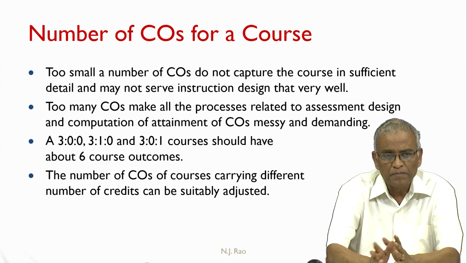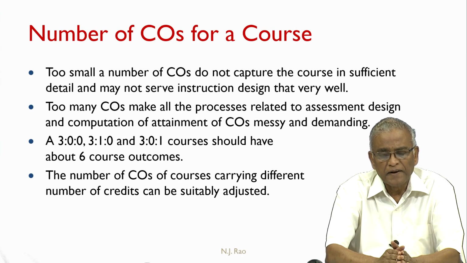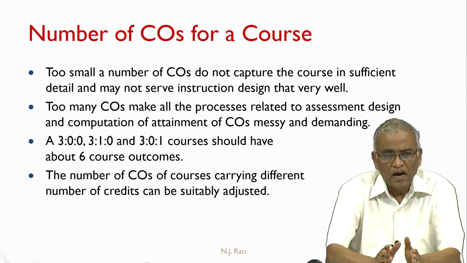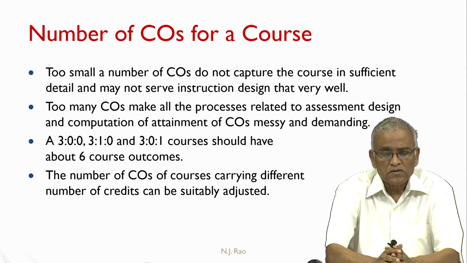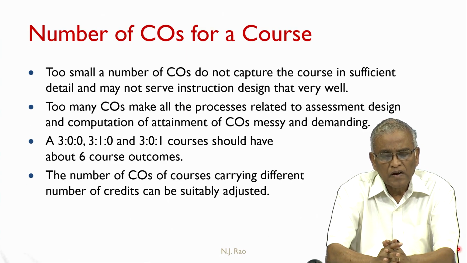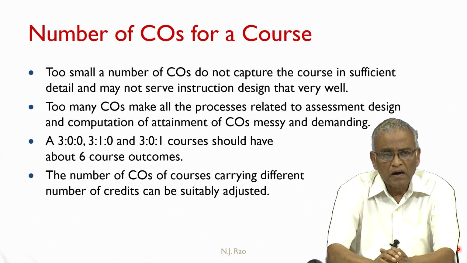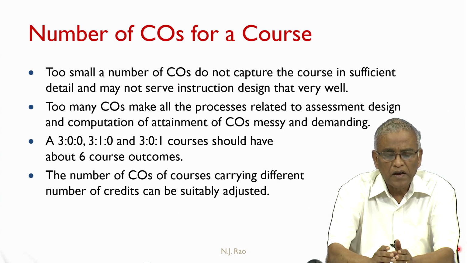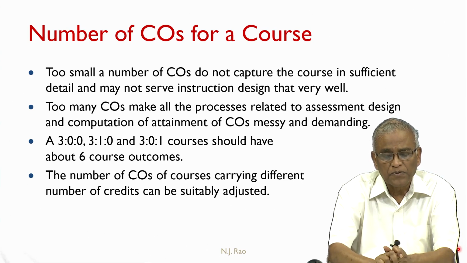It should not be very complicated, and it should not be vague and abstract, where the student is not clear about what he is expected to learn. So from that perspective, around 6 course outcomes is the optimal number.